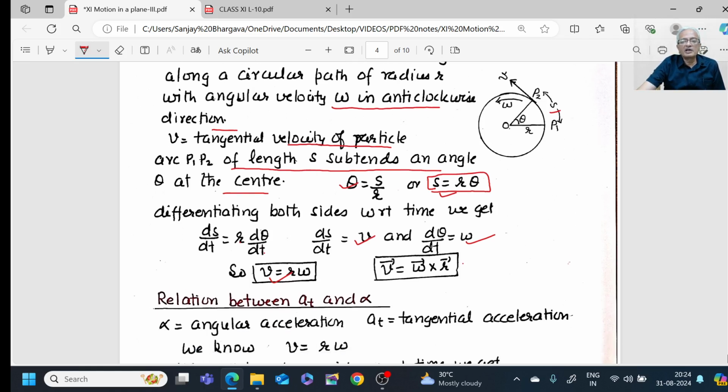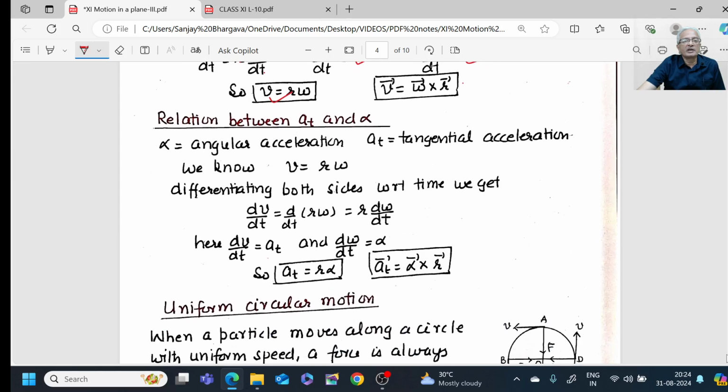Similarly, we would like to calculate a relation between angular acceleration and the tangential acceleration. So alpha is a representation of angular acceleration, a_t is a representation of tangential acceleration. We have just established the relation v is equal to r times omega.